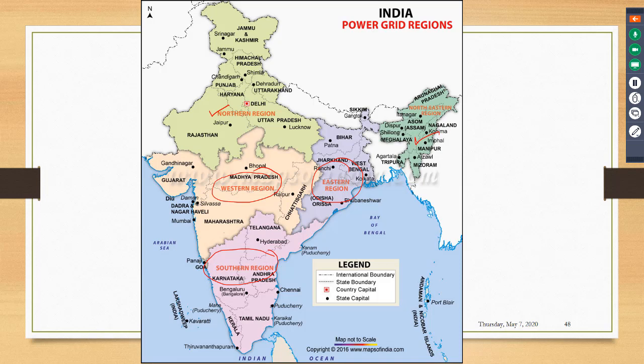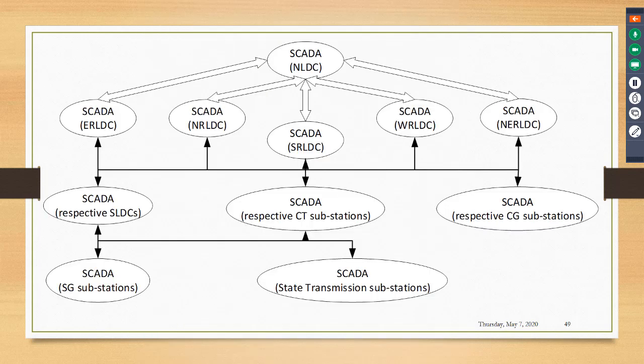So we have 5 regional grids, and we'll see how the SCADA operates in these 5 regional grids. We can see here the structure of the SCADA in India. We have the master station here, which is located at NLDC, the National Load Dispatch Center, located at Delhi, right?